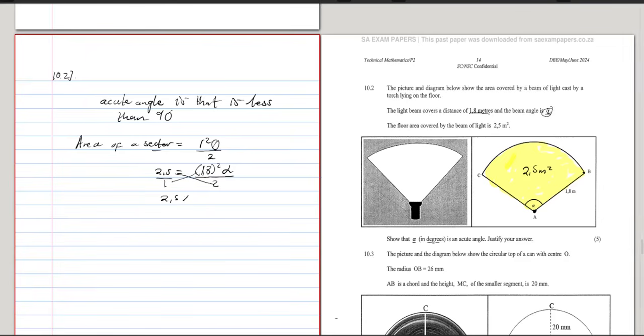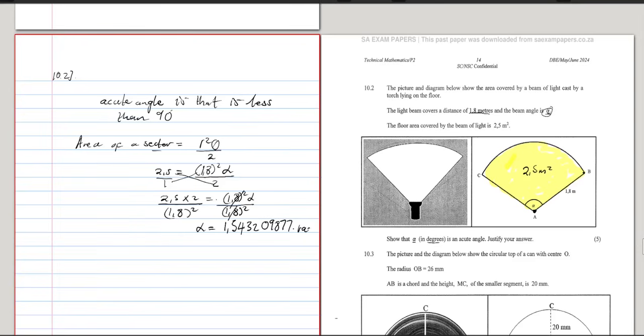We get 2.5 multiplied by 2, equals 1.8 squared times alpha. Divide by 1.8 squared, they cancel, then alpha is equal to 2.5 times 2 divided by 1.8 squared, and then we get 1.54.